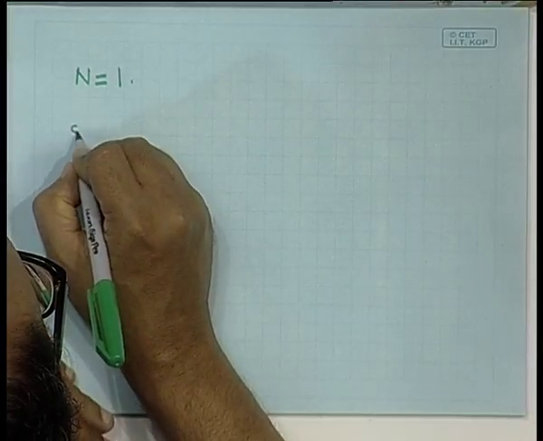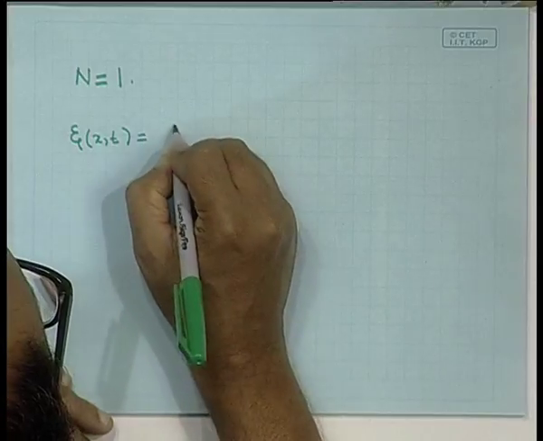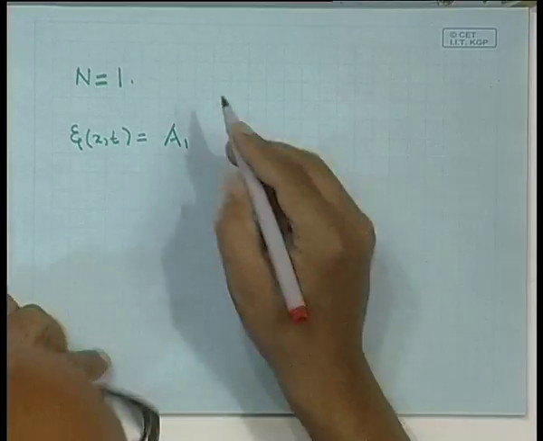So, what we have is x(t) is equal to A1, the amplitude, into sine.